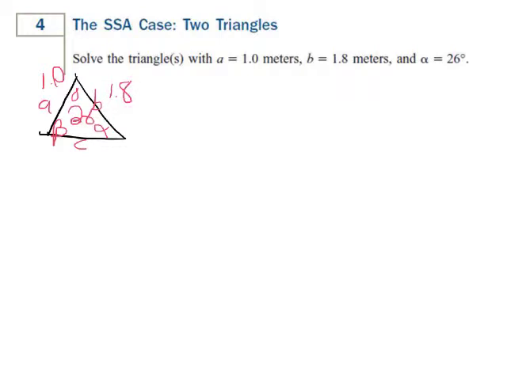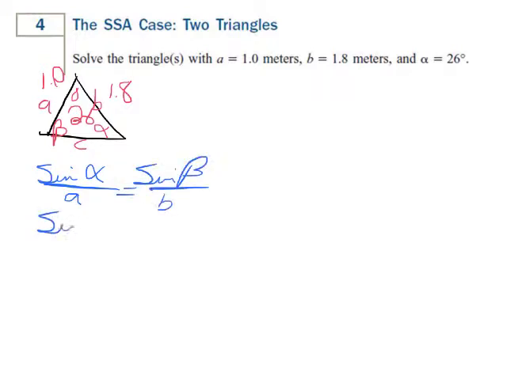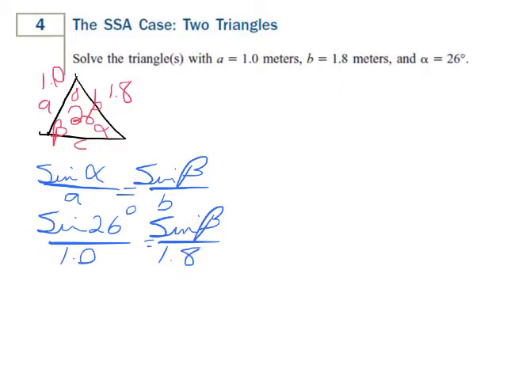I want to find beta, so I'm going to start with that first. So the sine of alpha over A is equal to the sine of beta over B. Therefore, the sine of 26 degrees over 1.0 is equal to the sine of beta over 1.8.